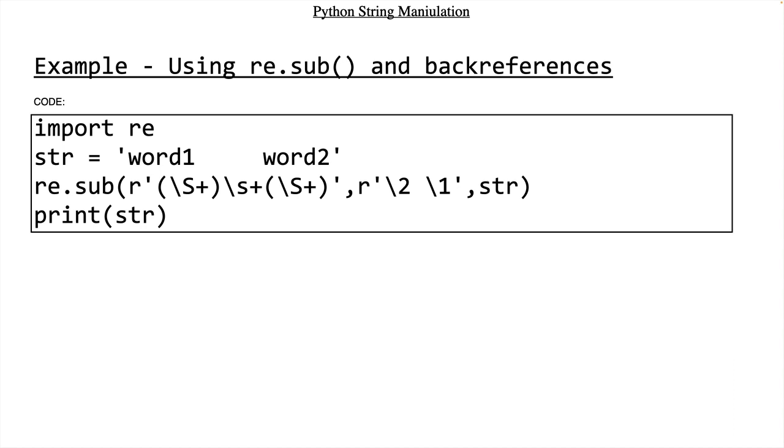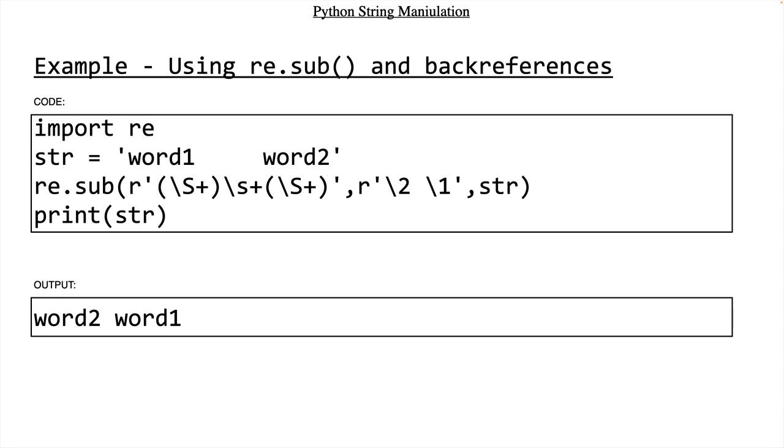So what'll happen is the first back reference will remember word 1, the second back reference will remember word 2, and the output is going to be word 2 space word 1. So basically we're replacing 2 words in a variable.